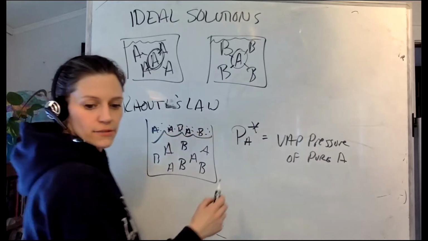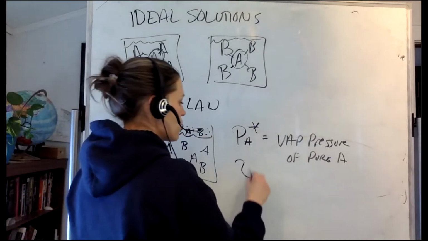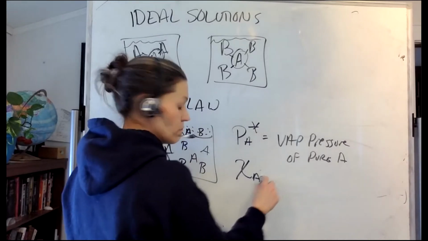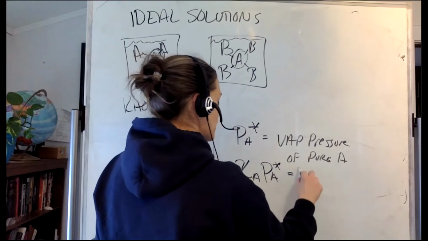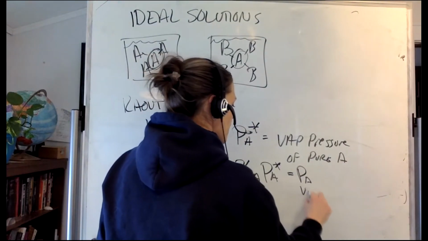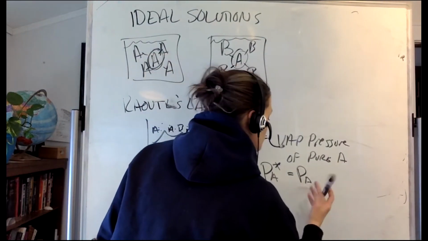And if that's the case, then the mole fraction of A times PA star is equal to the partial vapor pressure.